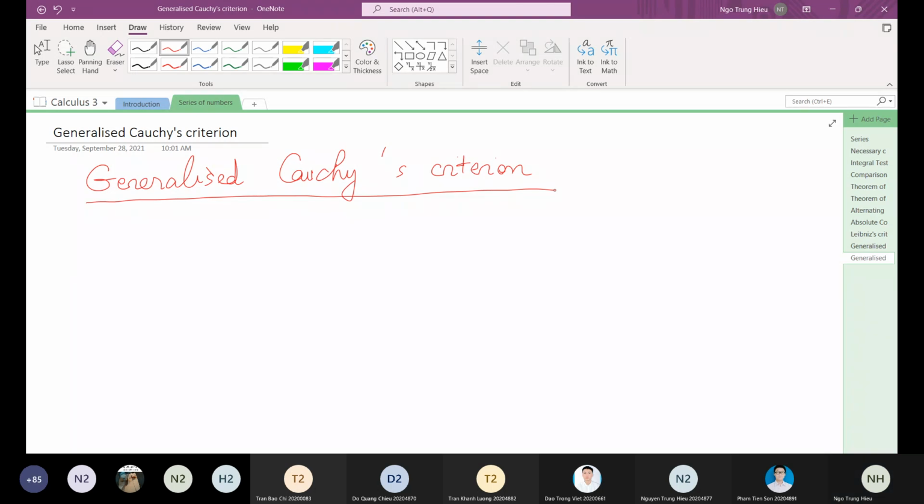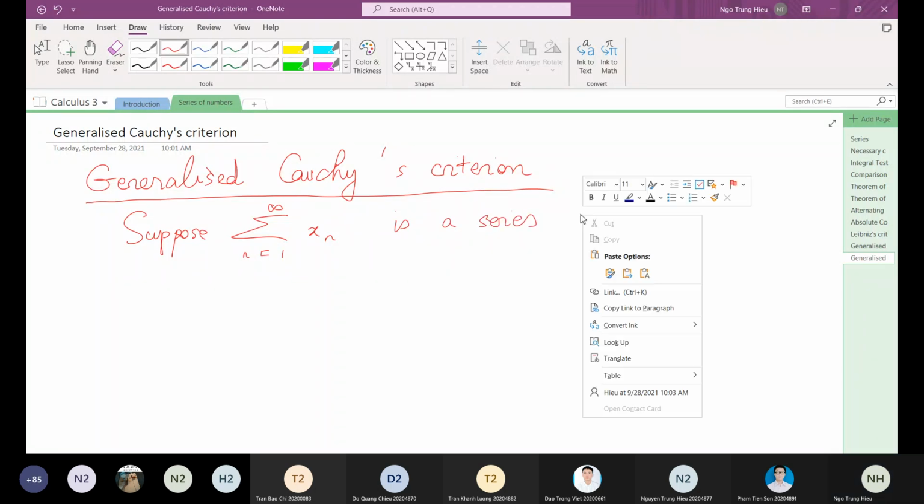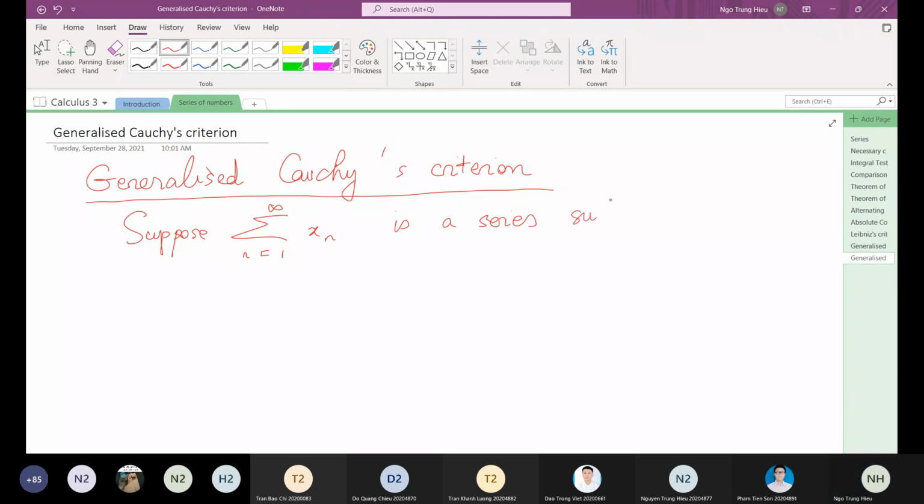So suppose we have a series such that you take the nth terms and you take the nth root, right?